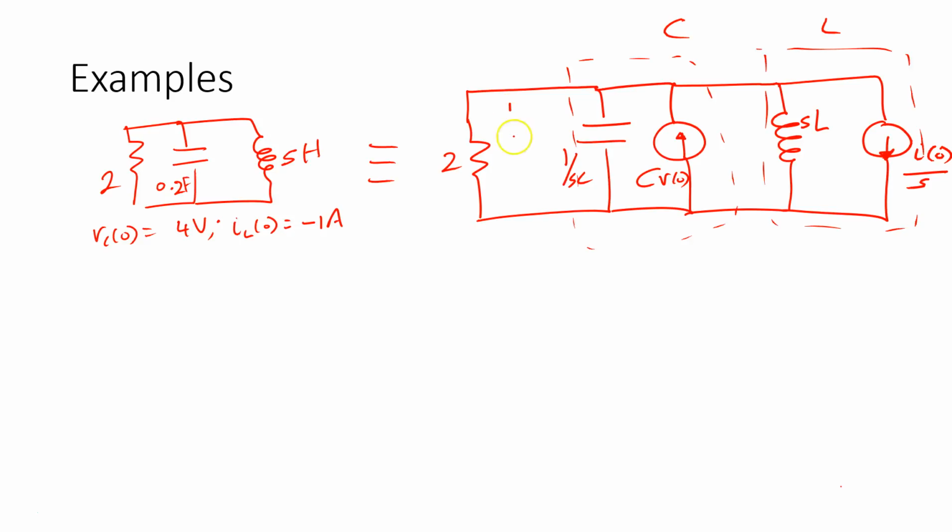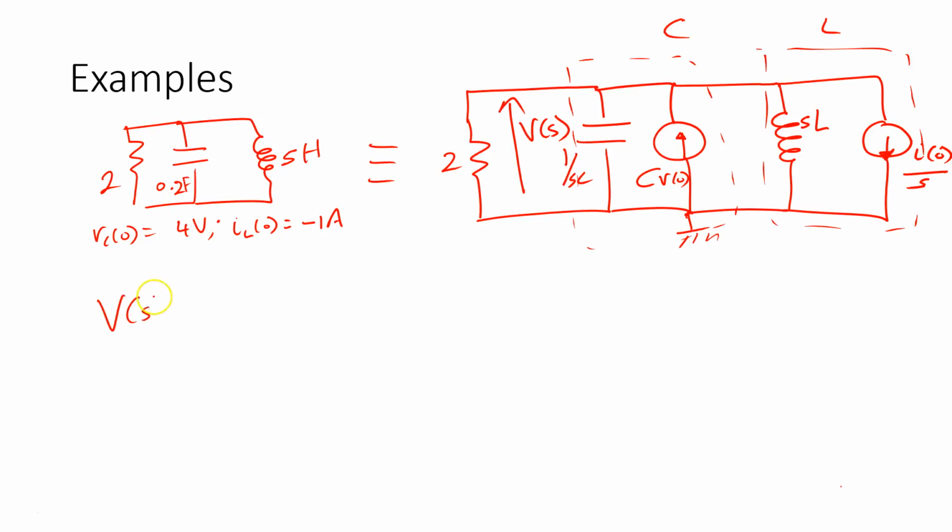So here I have Vs now because I'm in the S domain, and I want to write an equation for the node on top. So let's just assume this is ground. So I'm going to consider all the currents going out.